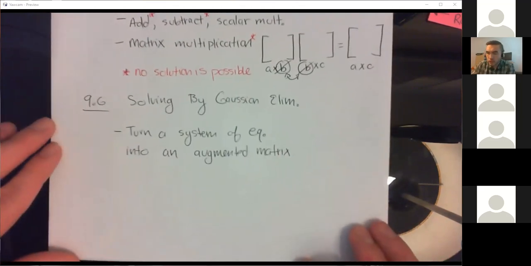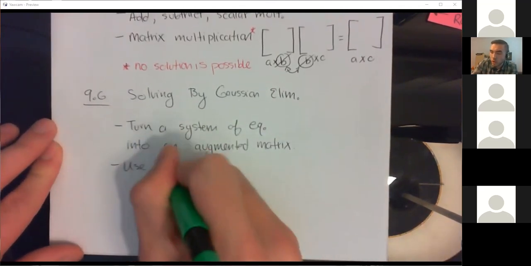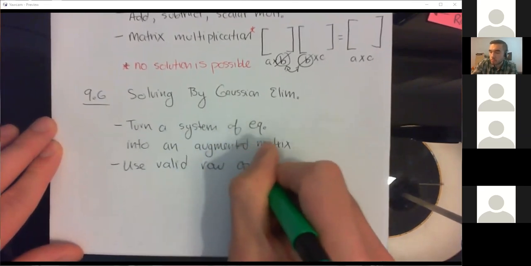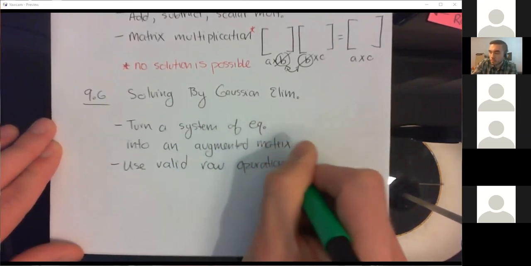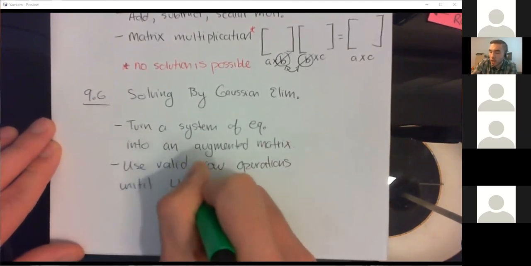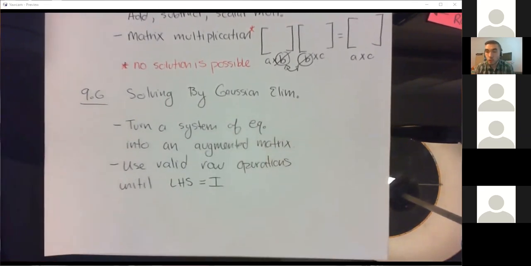And then after you have it turned into this augmented matrix, you use valid row operations until the left-hand side of the matrix is the identity matrix, at which point the right-hand side of your matrix is now the solution. When it comes to using valid row operations until the left-hand side is the identity matrix, we have three valid row operations.